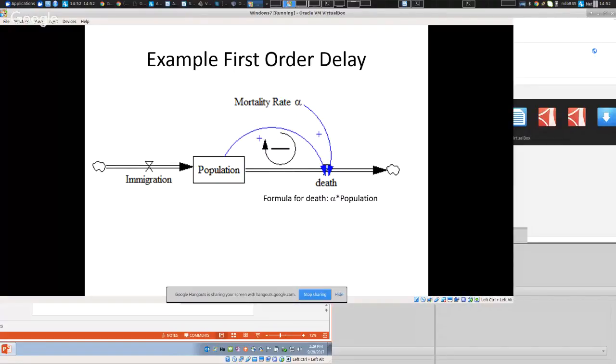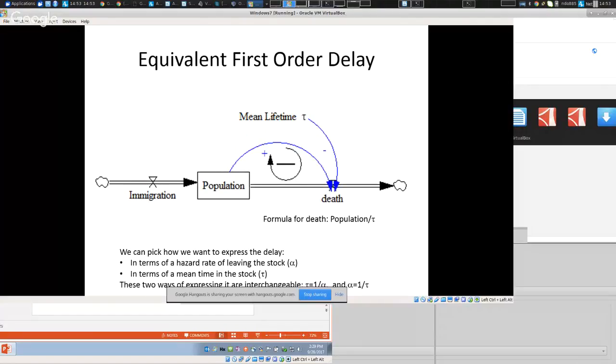It has to be the case. It can't be population divided by tau. It would be the wrong units. If you put down population divided by tau, it gives the wrong units. It would imply the units associated with death are person times time, which doesn't make sense. It has to be the case that it's alpha times population for it to make sense dimensionally. And similarly here, it has to be the case the formula is population divided by tau.